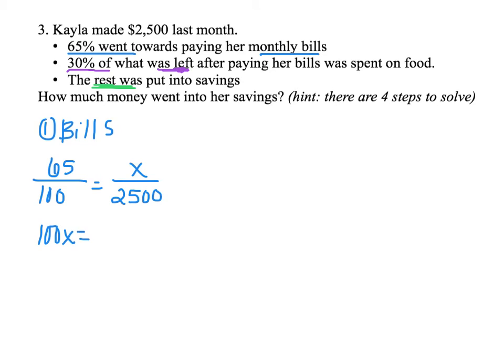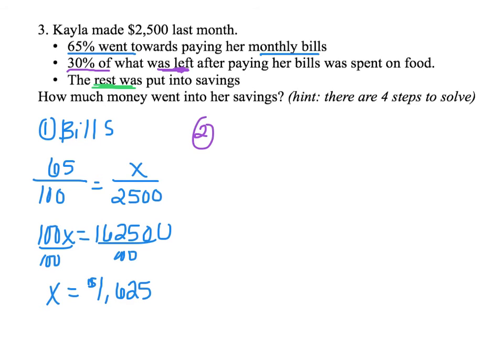I get 100X equals 162,500. Divide by 100, and we get $1,625 was spent on her monthly bills.